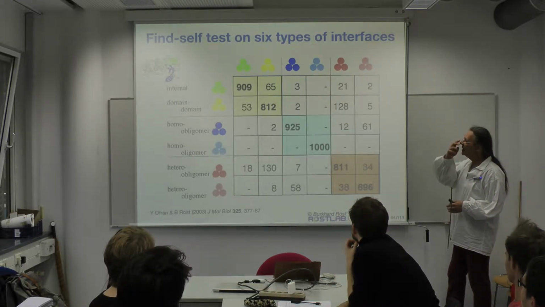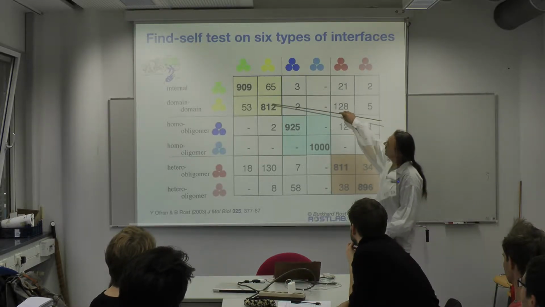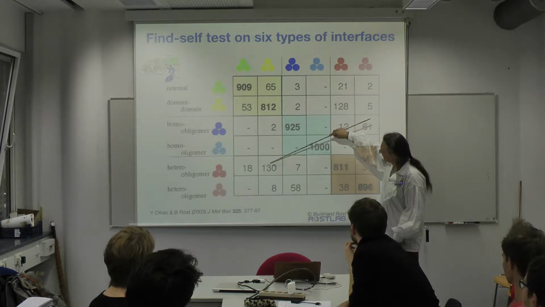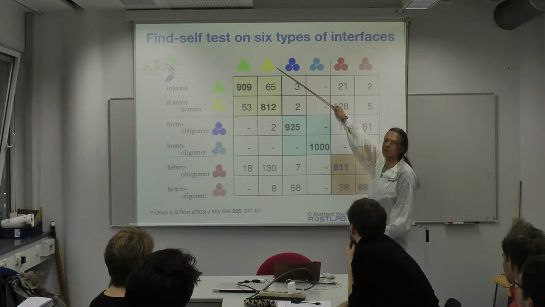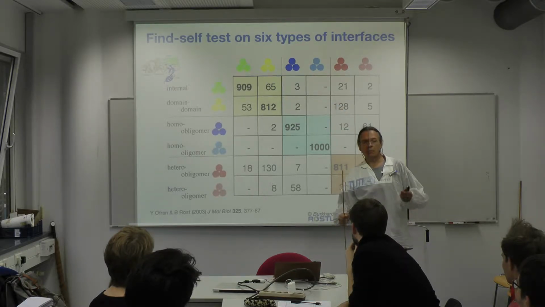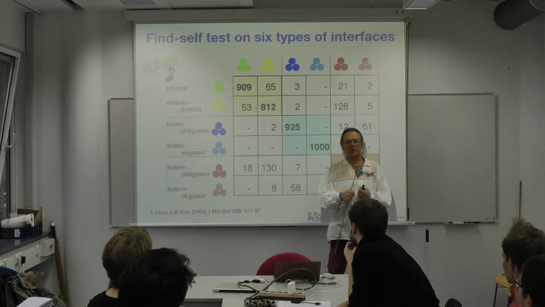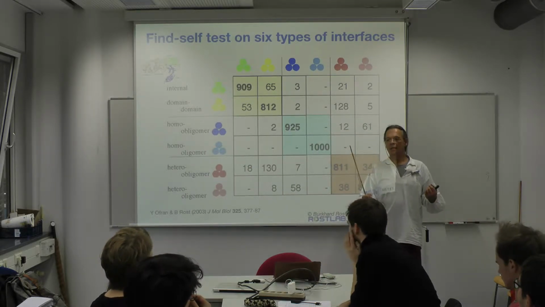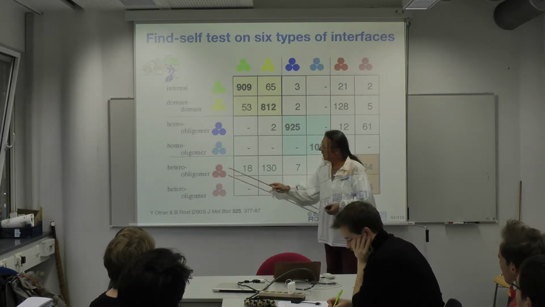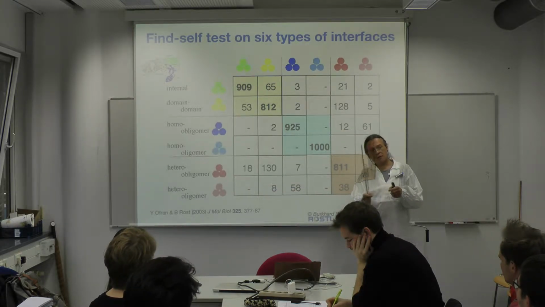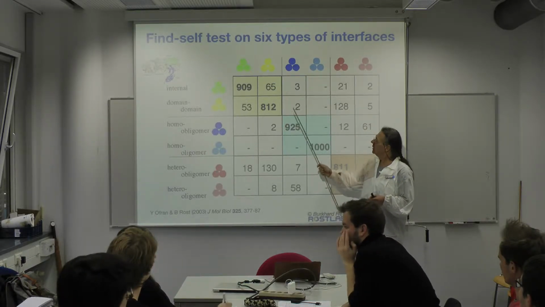The next thing you see is the confusions. The largest confusion here is the hetero-obligomer confused with domain-domain. Obligomers are things that are always together, that I've never seen not connected to each other. So these are essentially 2 different parts of the same protein that are together, right?